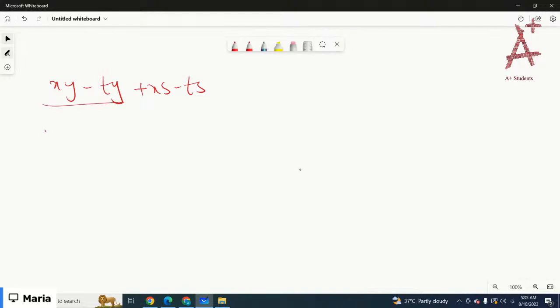We can take y common here, you are left with x minus d, right? From here you can take s common, you are left with x minus d. So x minus d is common and you are left with y plus s, right?